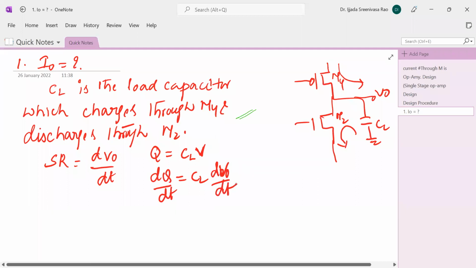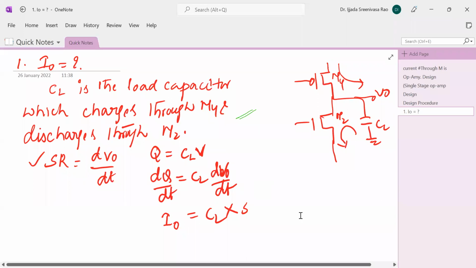Yes, sir. What is dq by dt? It is nothing but the current. I can say I0 is equal to CL multiplied with dV0 by dt. What is dV0 by dt here? Slew rate. Got it? Yes, sir.